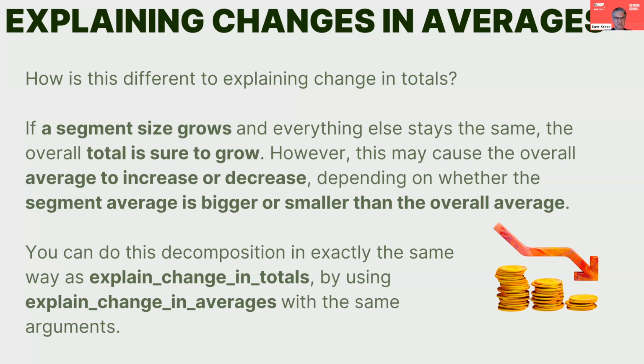However, a related and equally important question is, how do you explain a change in averages? For example, which customer segments drove the change in the volume per customer? Or which segments were the main drivers in the changes in website conversion rates?